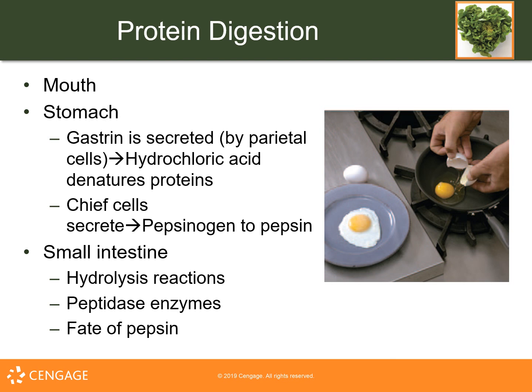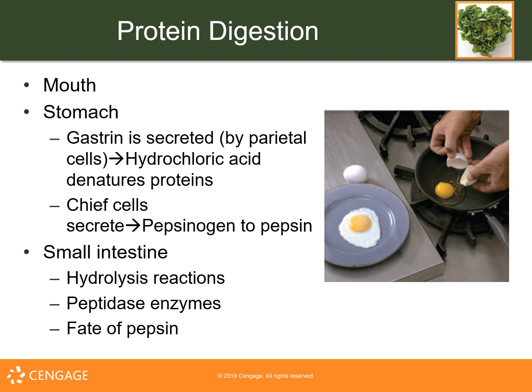Chief cells, what happens next is once the protein is unraveled by hydrochloric acid, next the chief cells of the stomach secrete this enzyme called pepsinogen, which is converted to pepsin. And this is the first enzyme we see that digests protein. So this is the first sign of enzymatic digestion or chemical digestion for protein. It's in the stomach through pepsin.